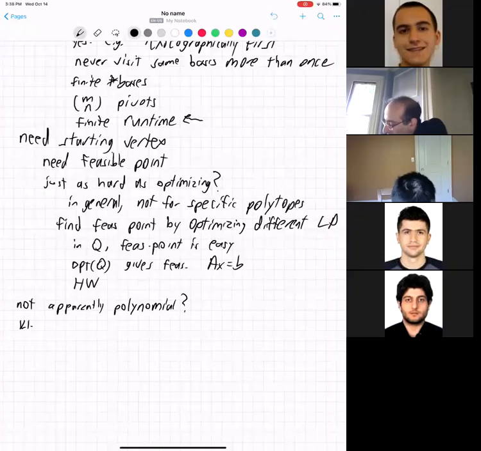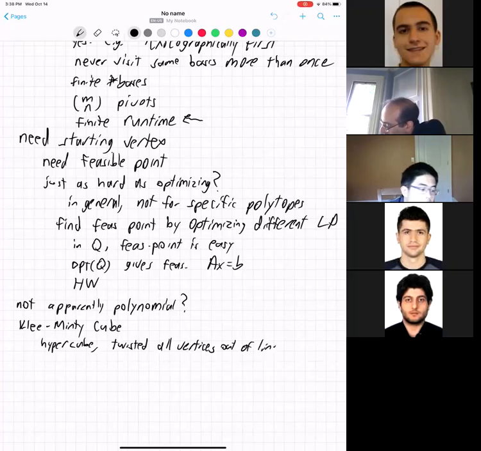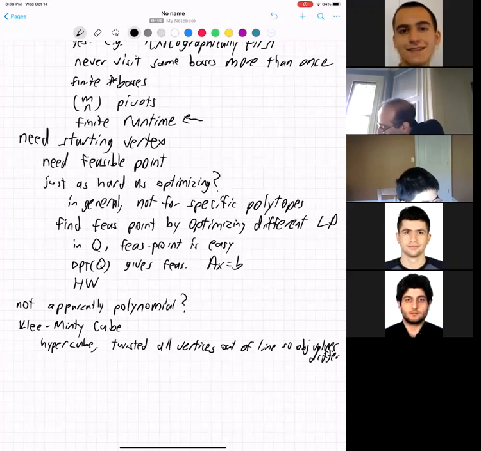Klee and Minty defined the Klee-Minty cube, which is basically a hypercube, slightly twisted so that all of the vertices are out of line, so they all have different objective values. And they showed that many pivoting rules visit all the vertices of this cube.